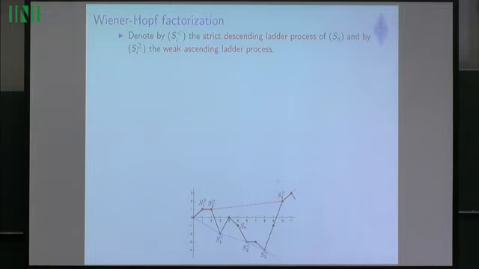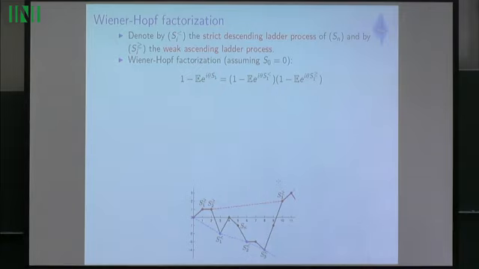And for this it's useful to look at the Wiener-Hopf factorization of the random walk S. So let's denote for the random walk S the strict descending ladder process to be the levels of the consecutive minima of this random walk. And the weak ascending ladder process is the levels of this random walk at its successive weak maxima.